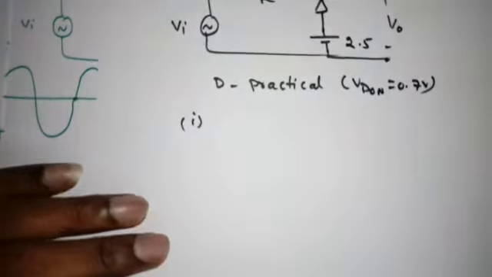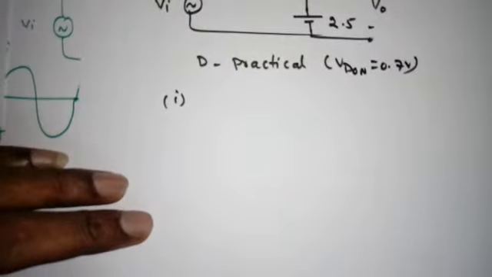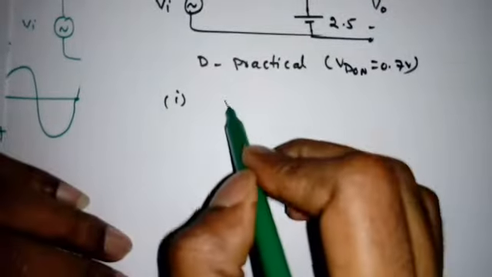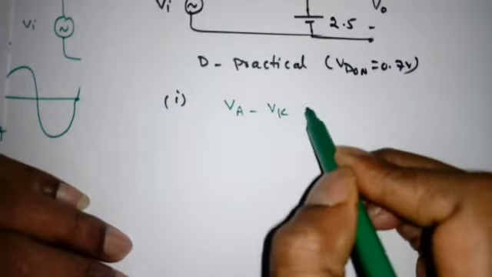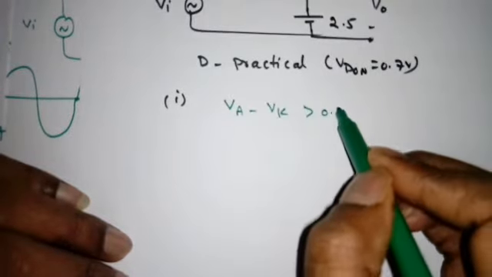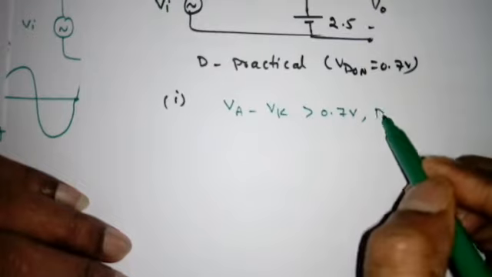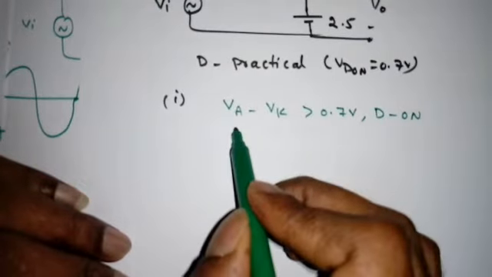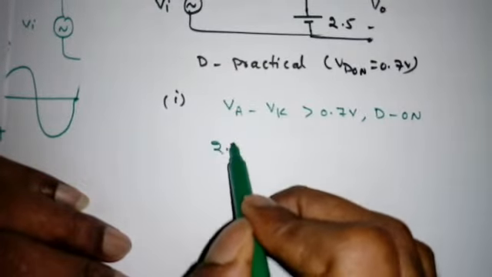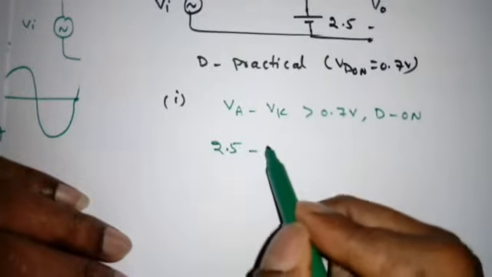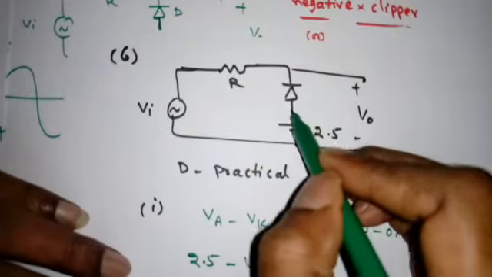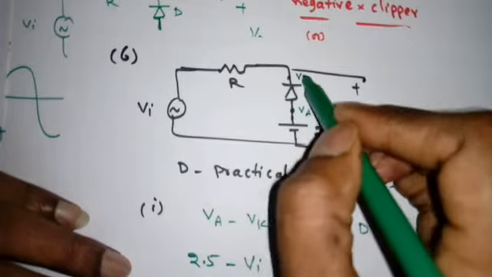Now when the diode D is practical, that means VD on is 0.7 volt. Then the first condition: Va minus Vk should be greater than at least 0.7 volt, then the diode D will be on. Now what is Va? 2.5. What is Vk? Vi. See here, this is the anode voltage, this is the cathode voltage.